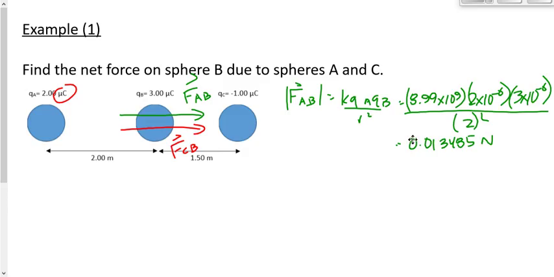And now let's get FCB. QC is 1 microcoulomb. Notice it's -1, but remember we always drop the sign of the charge here, plugging it into this equation.